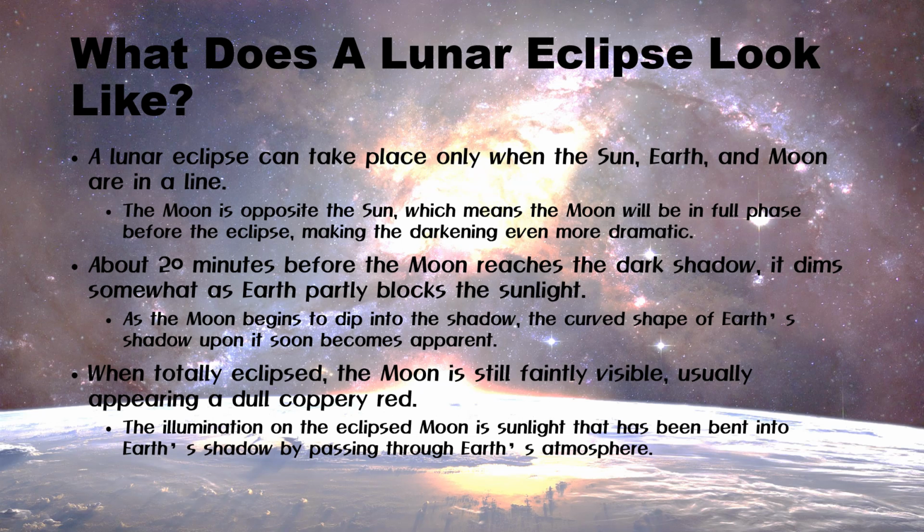Instead, it usually appears a dull coppery red. The illumination on the eclipsed moon is sunlight that has been bent into Earth's shadow by passing through Earth's atmosphere. Remember, the moon does not self-illuminate, so what you're seeing is still sunlight that has been manipulated by Earth's atmosphere, which is why we get this red tone.